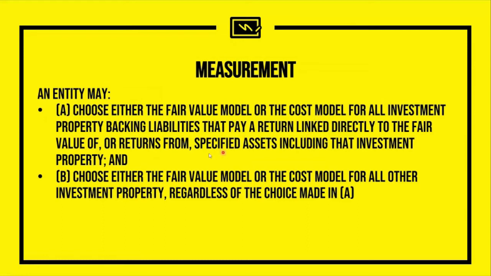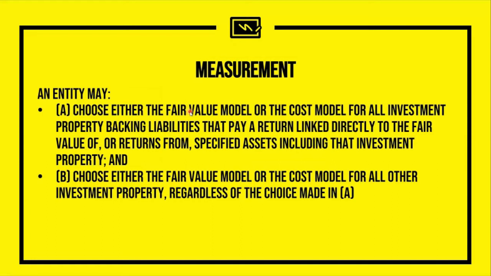It means that if you already chose the fair value model, it is more likely than not that you will stick with the fair value model. But if you chose the cost model and you use the provision of IAS 8, it is more likely than not that a shift from cost model to fair value model will result in more reliable and more relevant information.